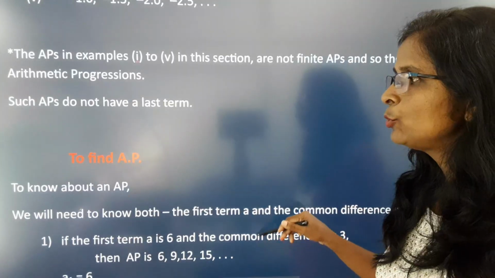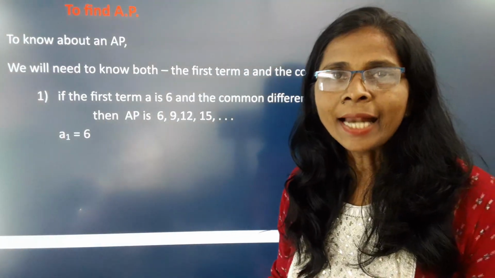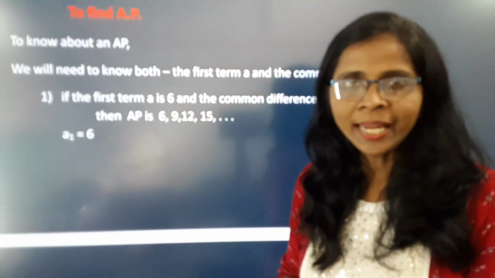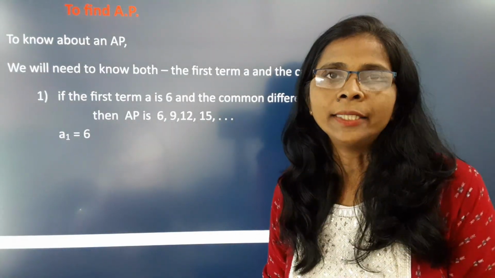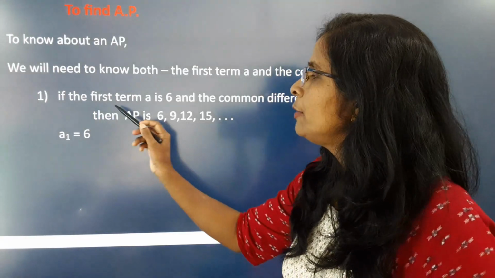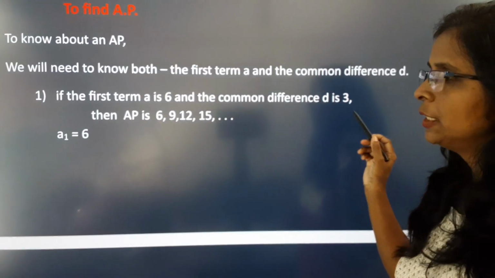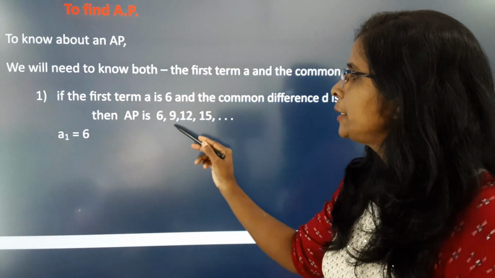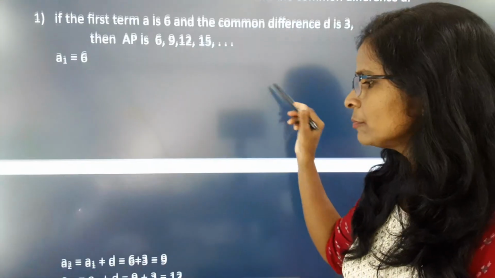Now we have to find an AP. To find an AP, we need to know both the first term a and the common difference d. Then we can form the arithmetic progression. For example, if the first term a is 6 and the common difference d is 3, then we get the AP as 6, 9, 12, 15. How can we get that?